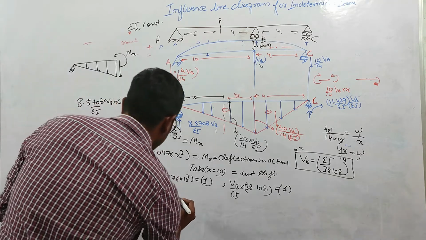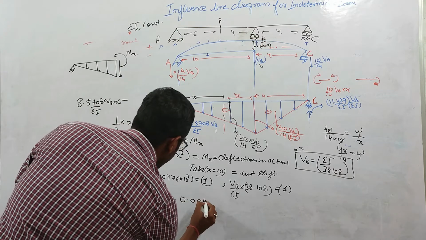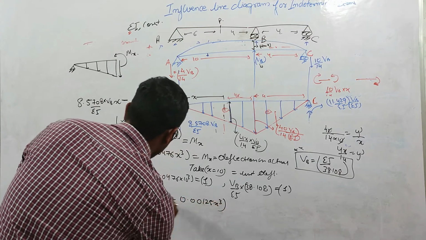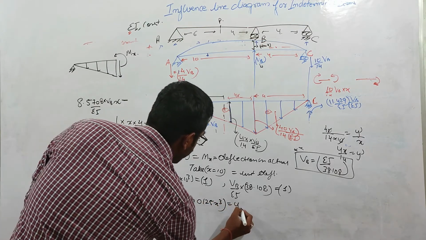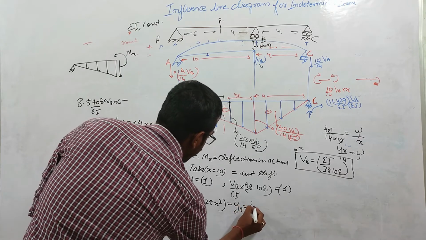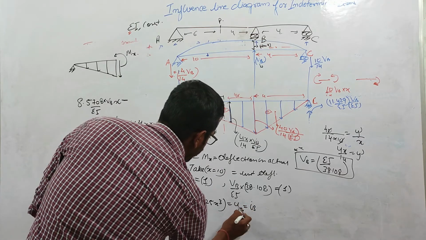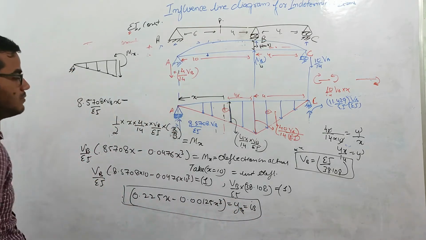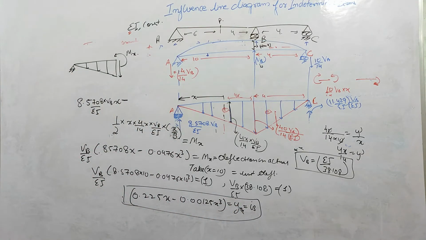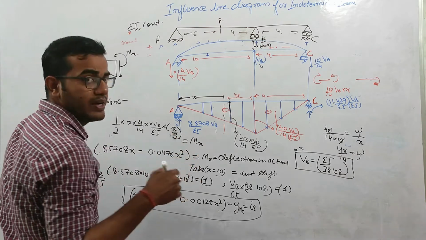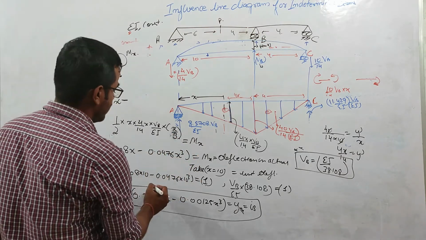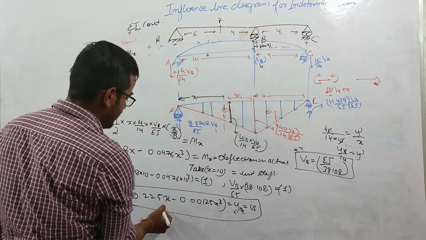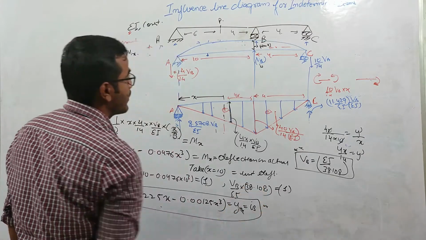So the value is 0.00125 x cube equals yB, or you can say IB. So this is basically the equation for this deflection curve. If somebody asks you what the equation of this deflection curve is, the equation is basically this equation.